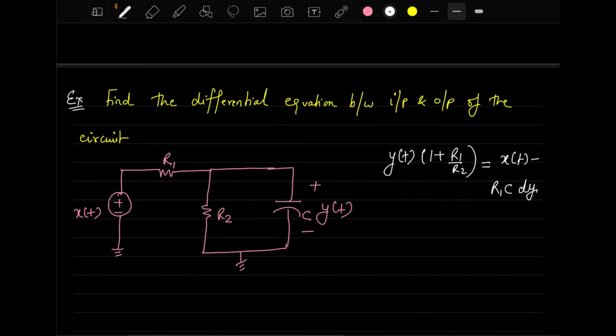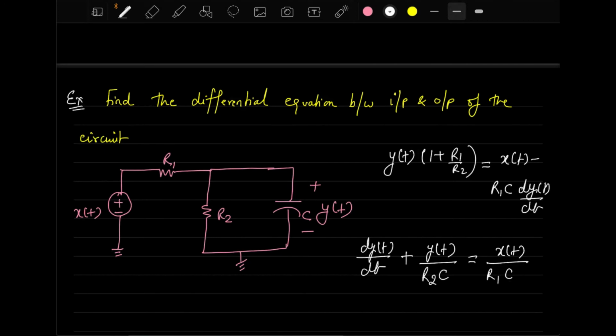So dyt by dt plus yt upon R2c equal to xt upon R1c.